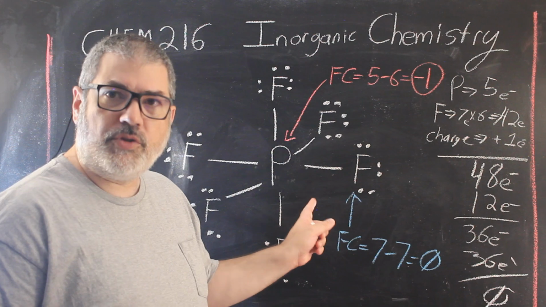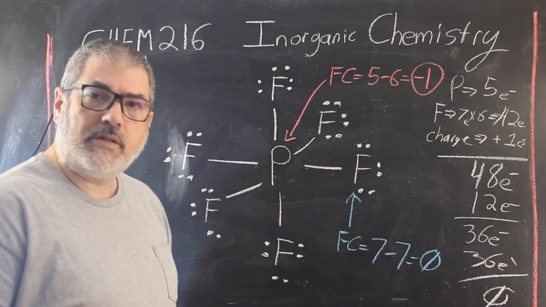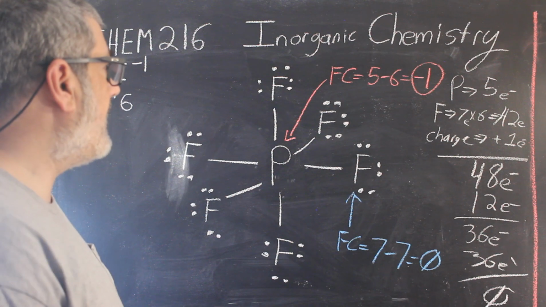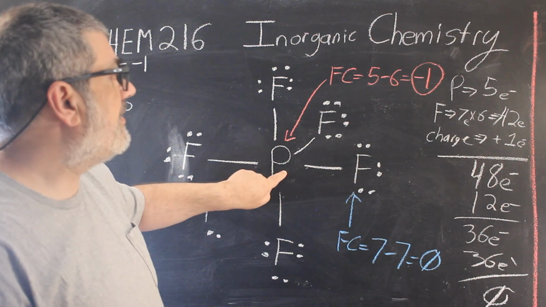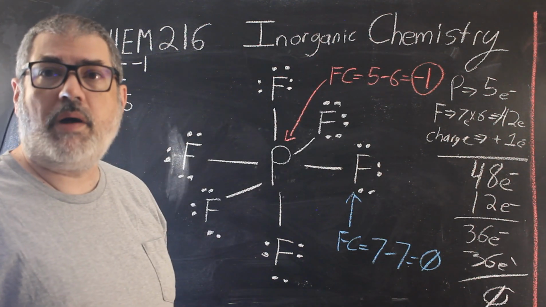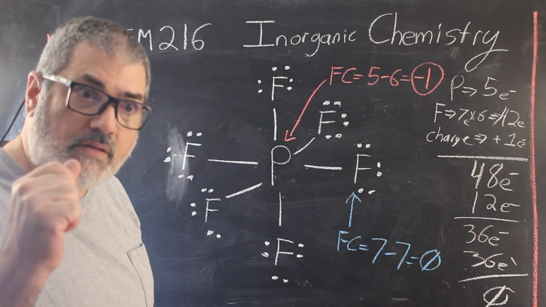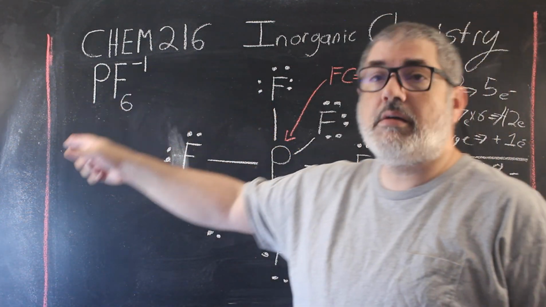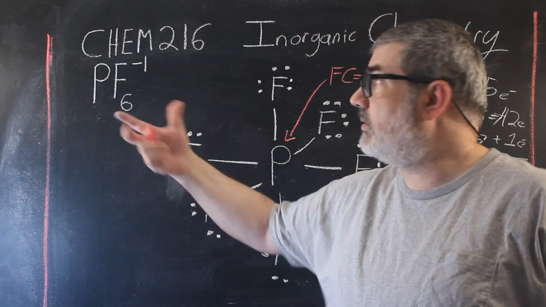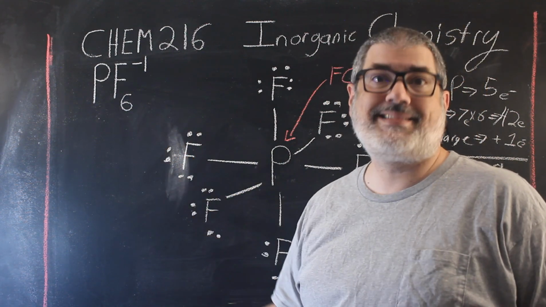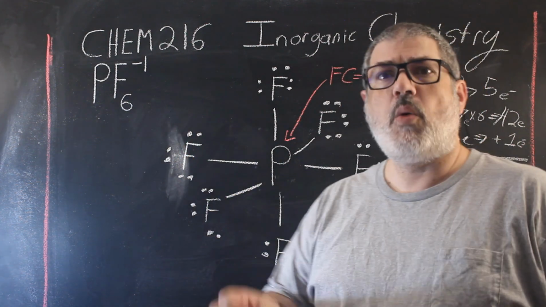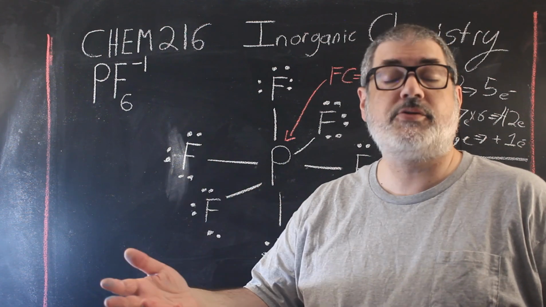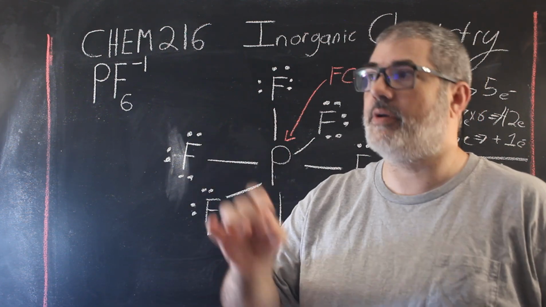But using our Lewis-Dot structures in a graphical way really makes this easier. So 5 valence electrons minus 6, so we have -1. And that is consistent because the entire molecule is a polyatomic anion, so it has to have that -1.